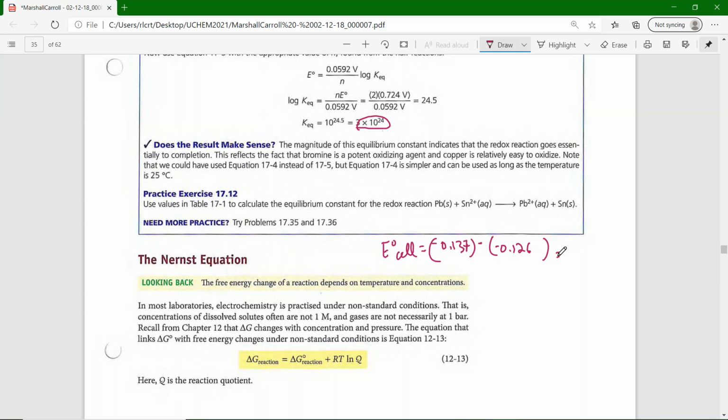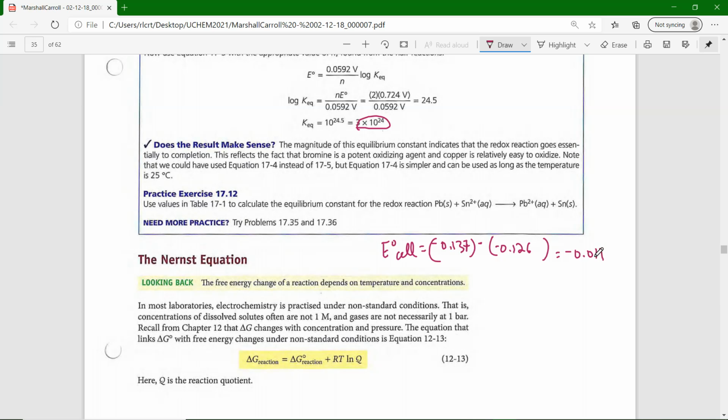This is a non-spontaneous process, but you're asking, hey, for this reaction, what's going on? So 0.137 minus plus 0.126 is minus 0.011. So this is a non-spontaneous process. It's not galvanic. The reverse process would be spontaneous, but that's not what it's asking for.